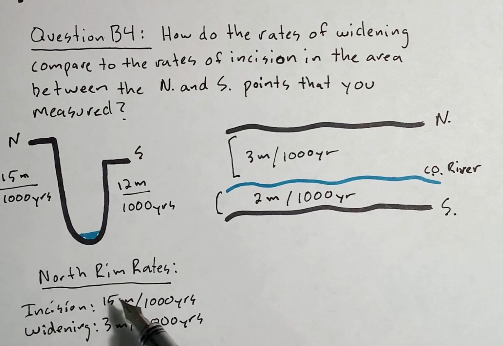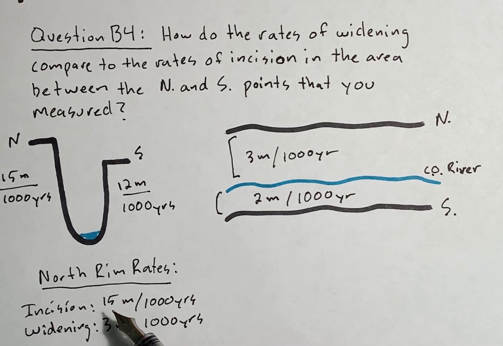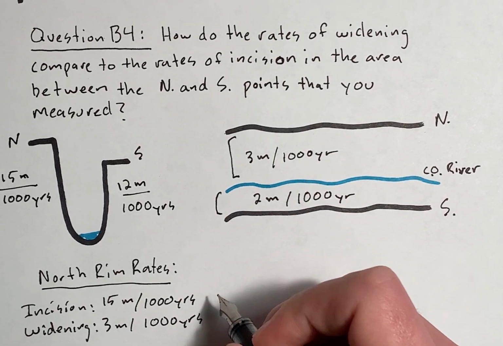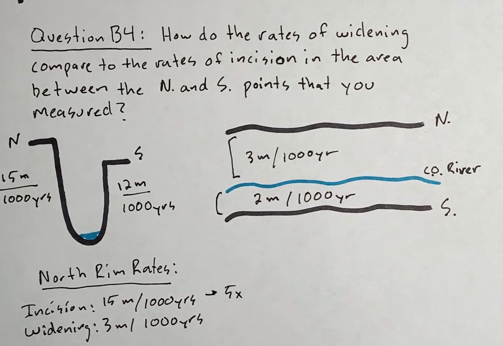And thank goodness we have pretty easy numbers here. We can see that the rates of incision are 5 times as fast as the rates of widening. 15 divided by 3 is 5. So we know there's a difference of 5 times.